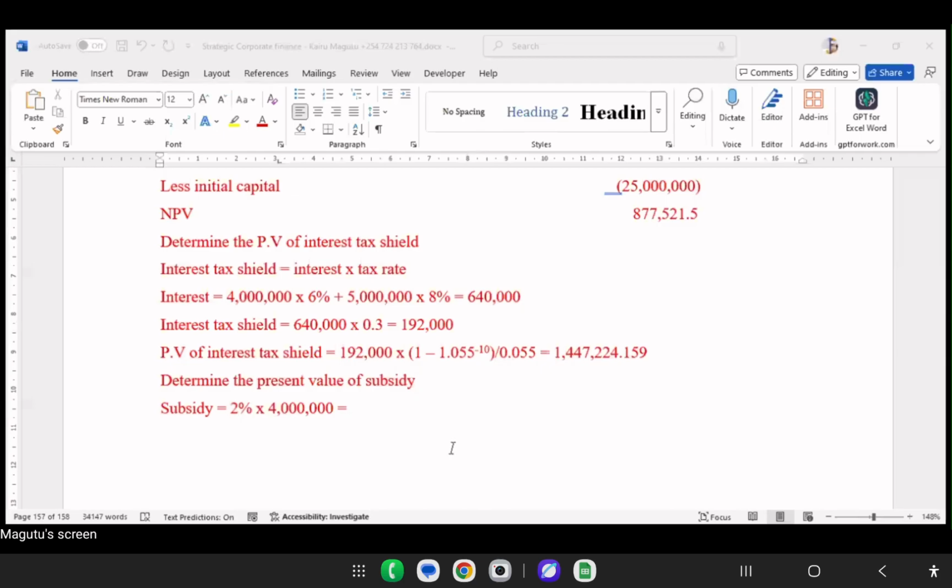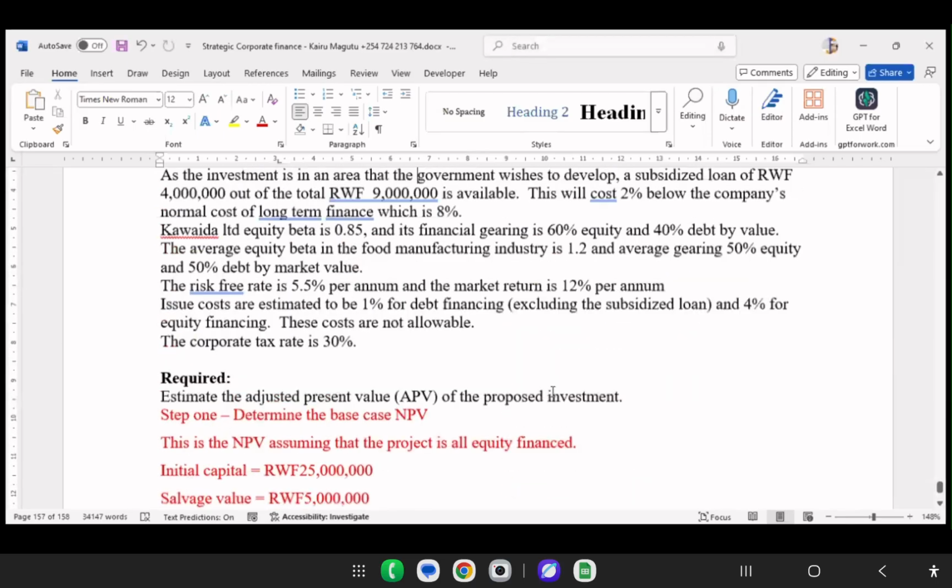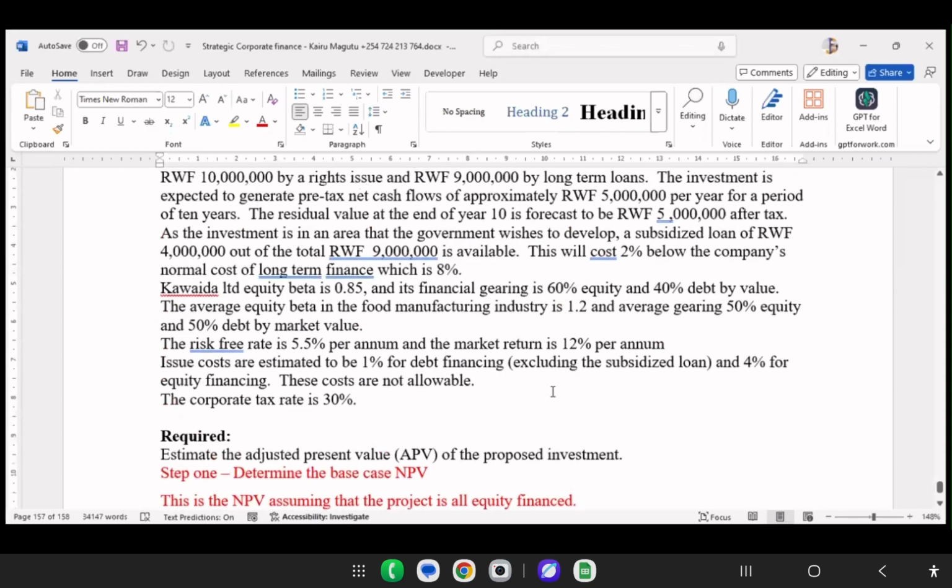The lesser amount that you pay, the more you are given a subsidy. So the subsidy is the difference between the market rate and what you are paying to the government. The risk-free rate is 5.5% per annum.